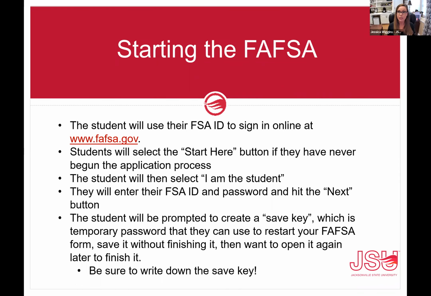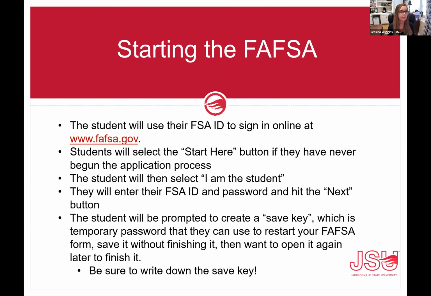I mentioned that you can save your progress and then re-enter the FAFSA to finish it. That save key is what allows you to do that. So if a student or parent wants to be able to go back in, they need to create that save key. I do recommend making it something easy to remember and writing that down with your FSA ID and password so that you'll be able to remember it. If you don't want to make it very long, you can simply make it something like 1, 2, 3, 4.